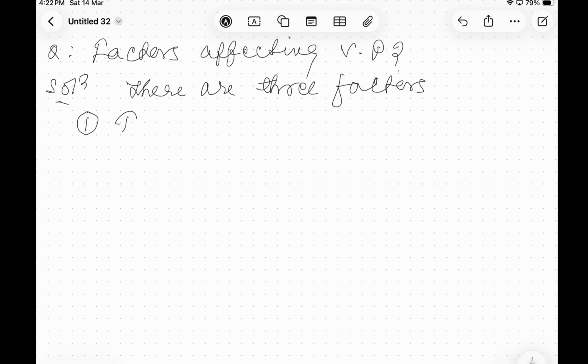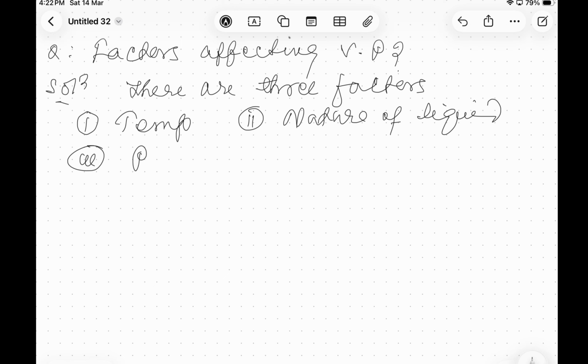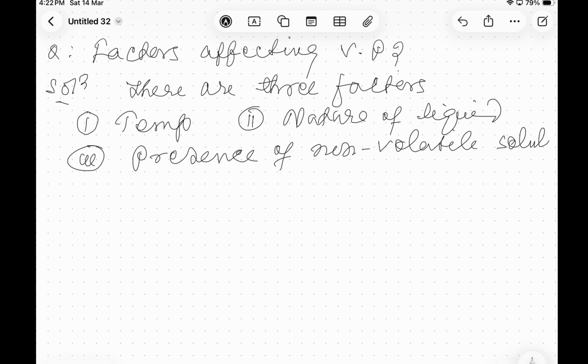Number one, temperature. Number two, nature of liquid or intermolecular force among the molecules of liquid. And third one is presence of non-volatile solute. Let us discuss one by one.